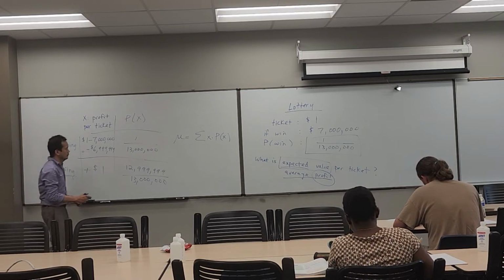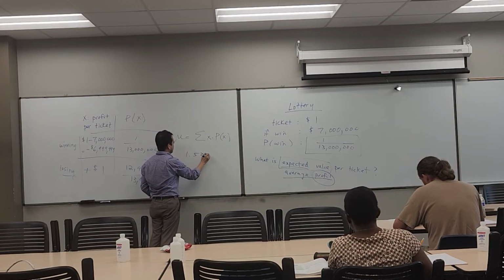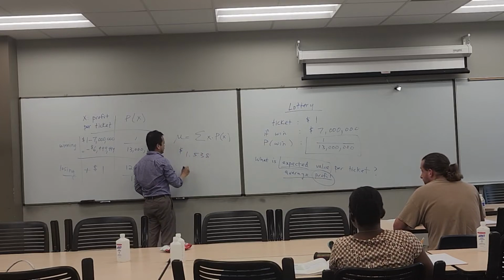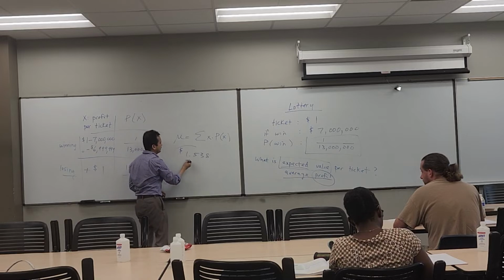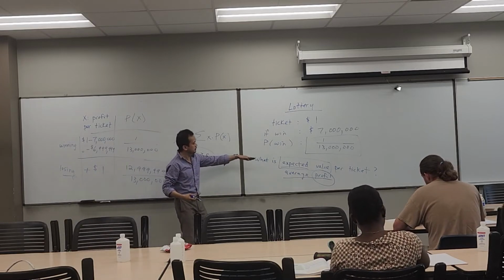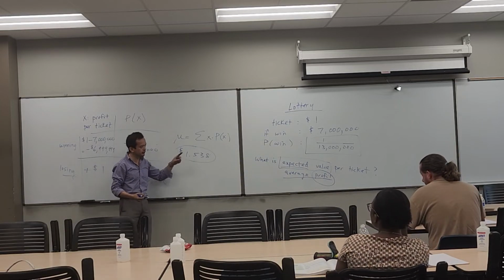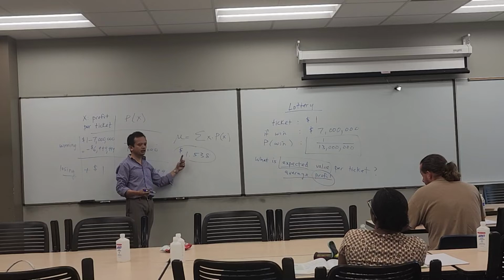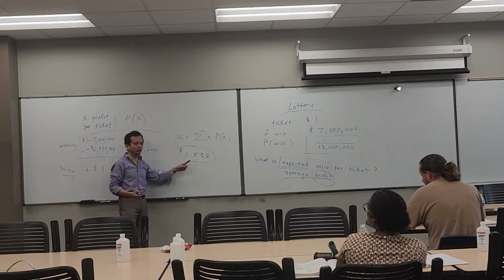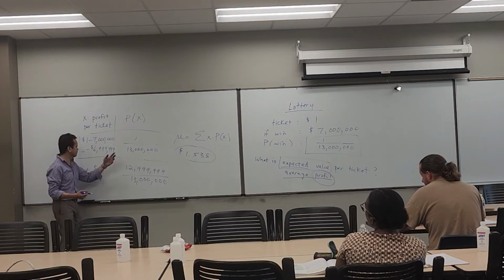$1.538. Okay, this is a great example. If you had gotten this number, what it would represent is the average profit that the government makes per ticket. If the government only sells each ticket for $1, can it make $1.50 per ticket if once in a while it has to pay out $7 million?